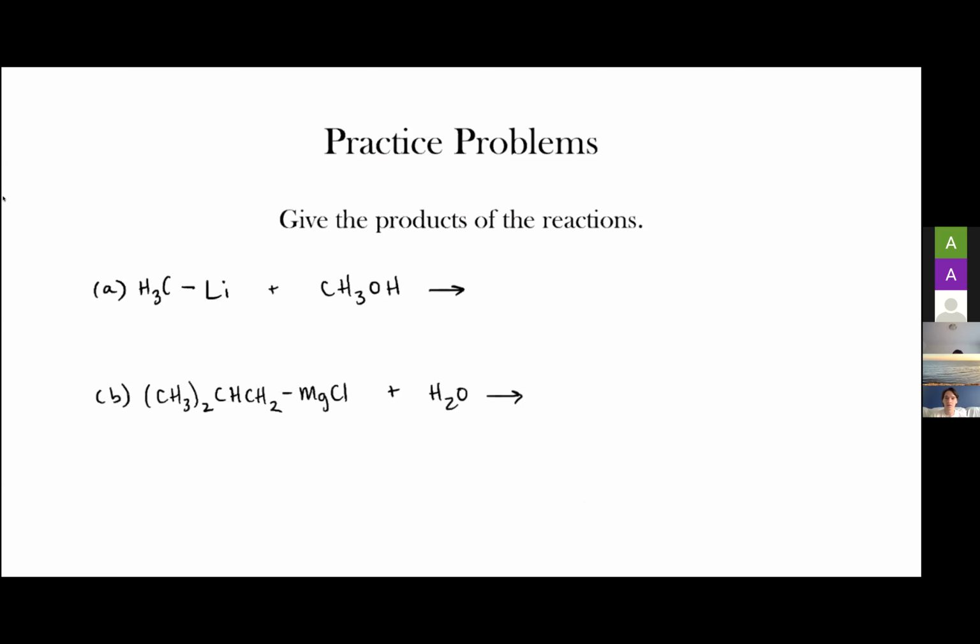Can anyone tell me what products you got for the reaction of A?